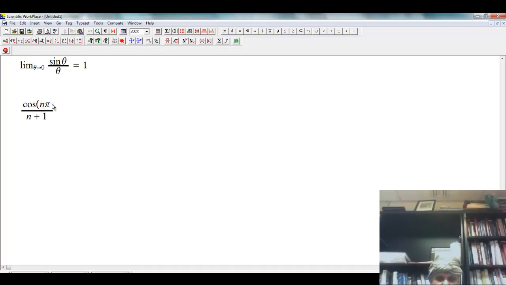And then we will look at this, cosine n pi over n plus 1. Here I can apply the squeeze theorem, can't I? Let me show you.